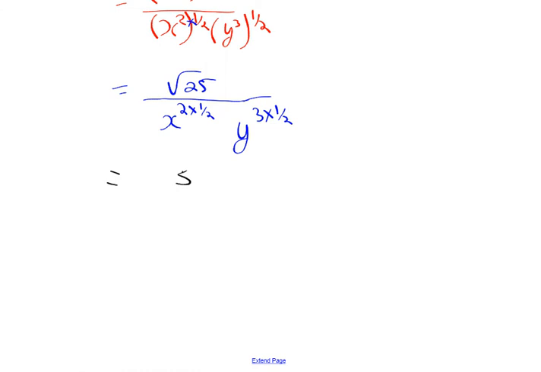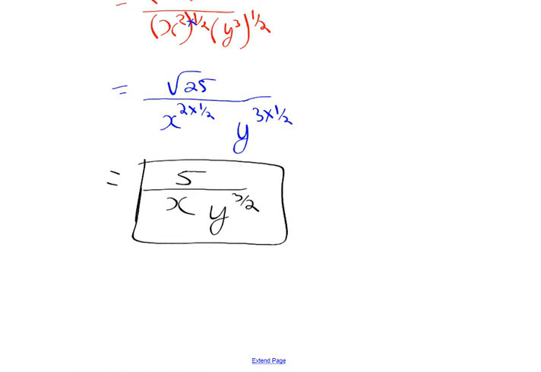Square root of 25, 5. 2 times 1/2, 1. 3 times 1/2. Don't say 1.5. 3 over 2, thank you. Any negative exponents? No. Done deal.